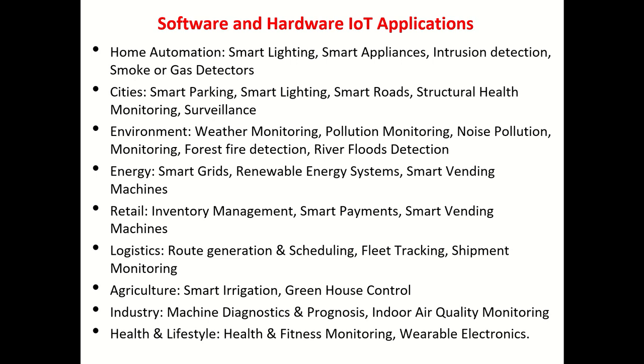Now let us focus on the possible application areas. There could be areas in the consumer sector, like home automation, smart lighting, and smart appliances. Lighting is the one we talk about: street lights, home lights.